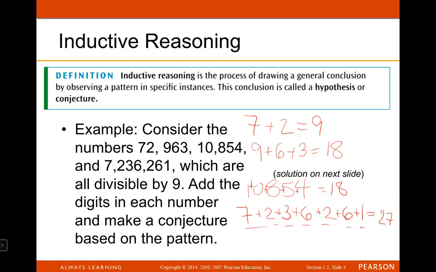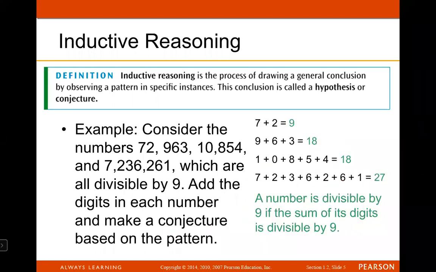So I'm making a conjecture that if the sum of the digits is divisible by 9, then the number itself is divisible by 9. And that's exactly what they've done. They added up each of the numbers, just like we did. Each number's digits sum to a value that itself is divisible by 9. So the conjecture is a number is divisible by 9 if the sum of its digits is divisible by 9.